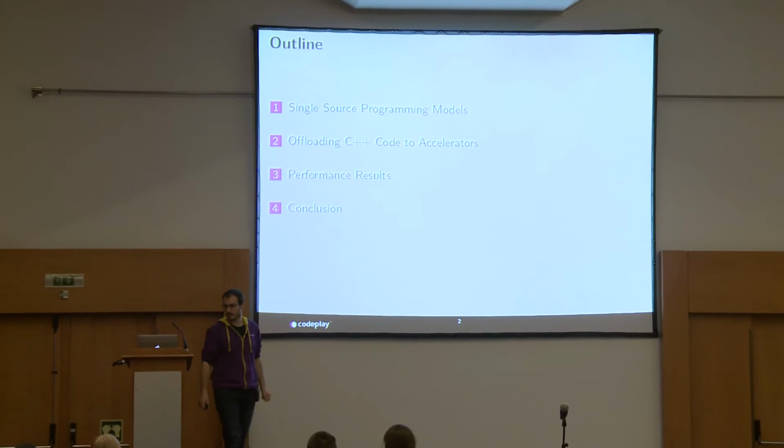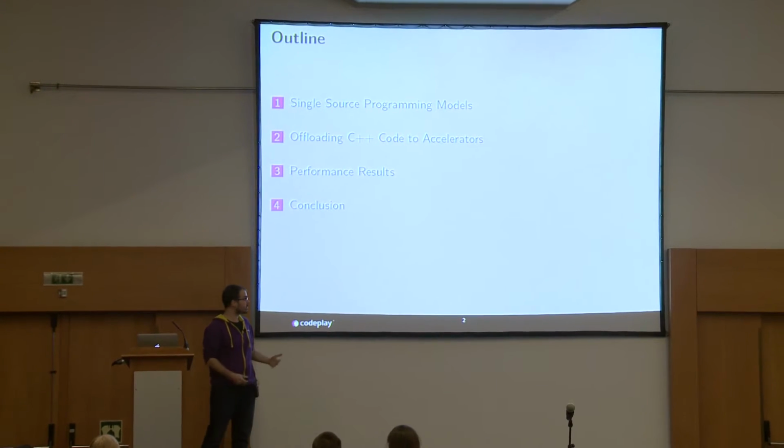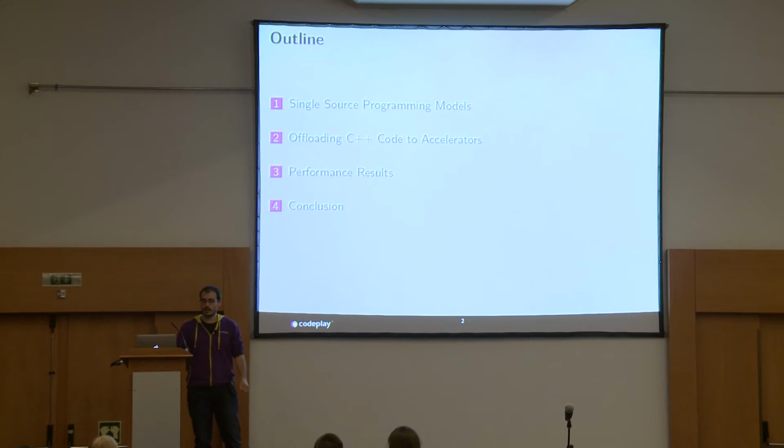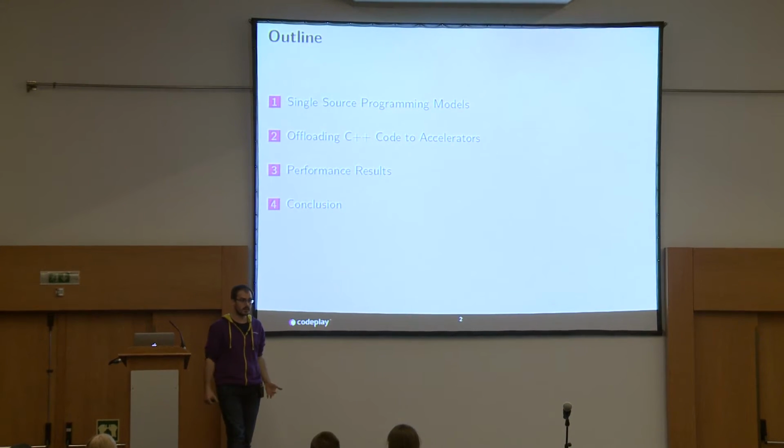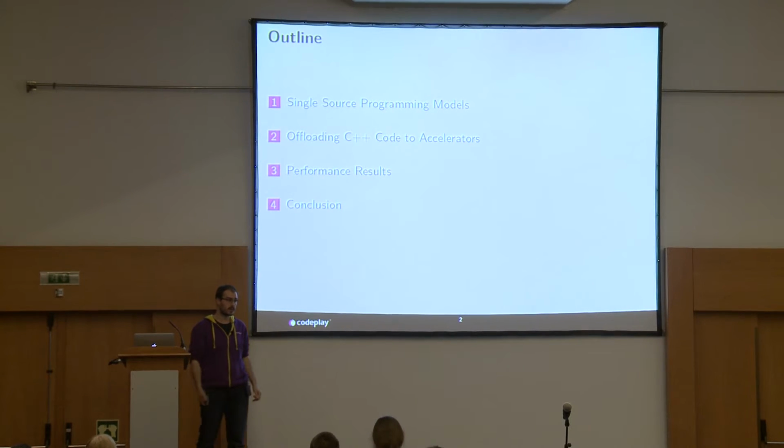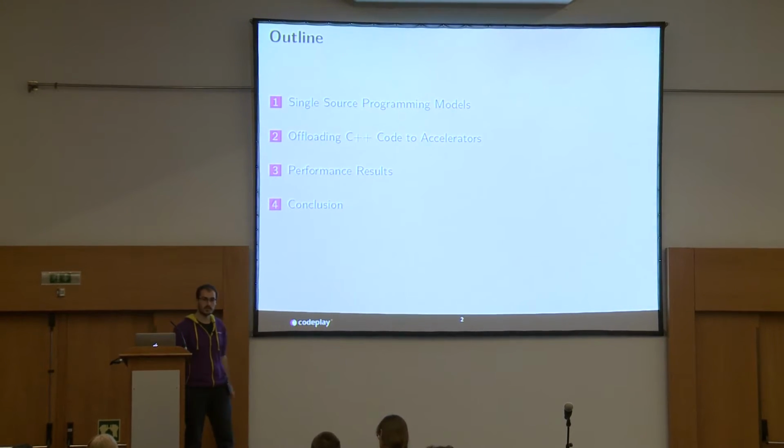I hope you will all understand what kind of challenge we have and how we solve it. And then I will go through a quick performance review just to show that we don't have an overhead on the generated code, and conclude the presentation.